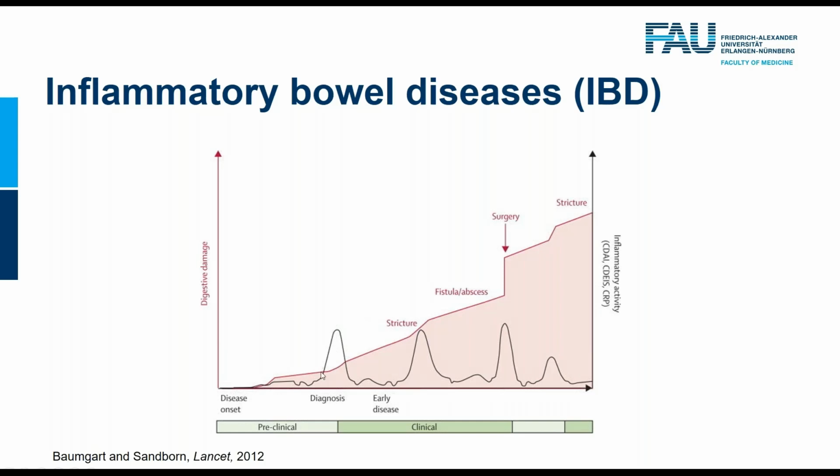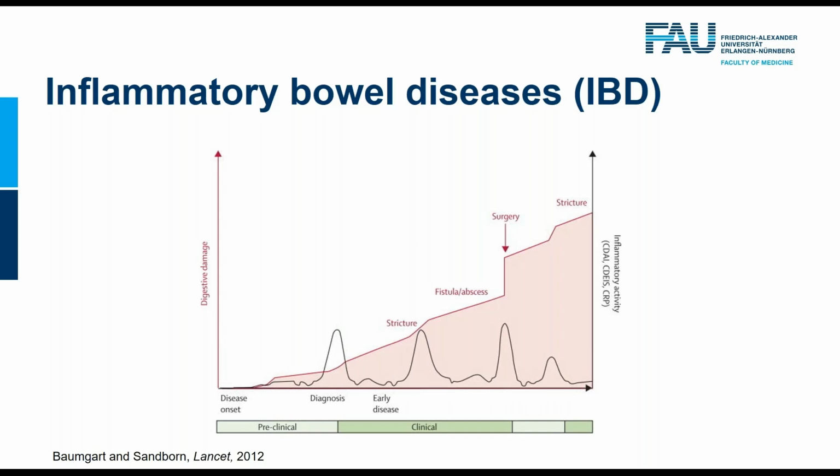So we have certain activity flares when high symptoms might be present, like diarrhea, abdominal pain, rectal bleeding, and maybe also complications that lead to surgery, like the development of strictures, fistulas, for instance, or even the development of colorectal cancer. Due to this chronic course of the disease, we need continuous therapy for these patients.